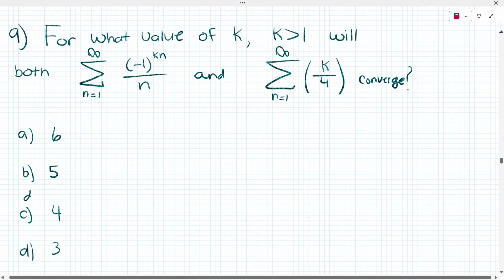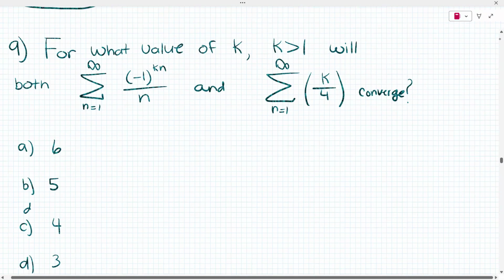If you look at the first summation, n equals 1 to infinity of negative 1 raised to the kn, I think k must be odd.